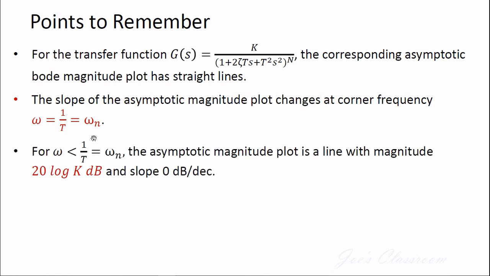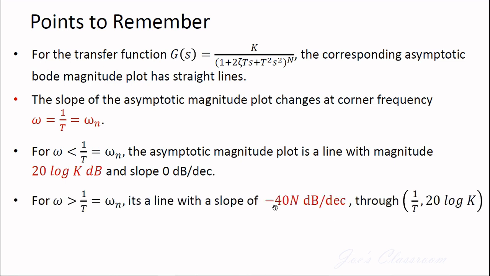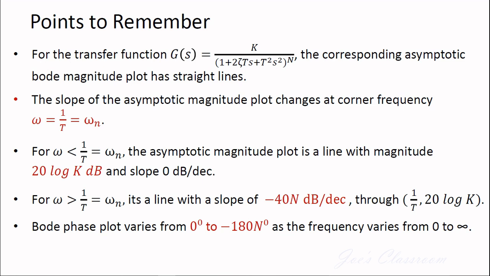Up to the corner frequency, it is a horizontal straight line with a magnitude of 20 log k, and beyond the corner frequency, it is a straight line with minus 40 n decibels per decade. As far as the phase plot is concerned, the phase varies from 0 degrees to minus n times 180 degrees as the frequency varies from 0 to infinity.